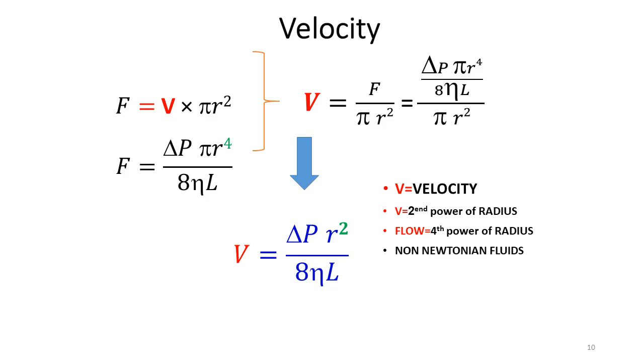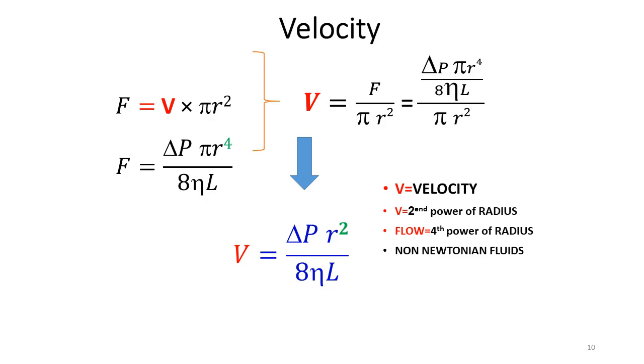Imagine you are driving at high speed on a road, and if you want to turn onto another road, you have to reduce your speed, unless you cannot turn onto another road properly. This is why the radius has a lower effect on velocity than on flow.